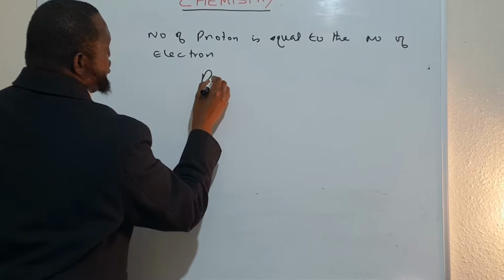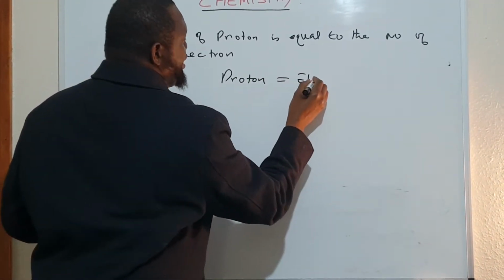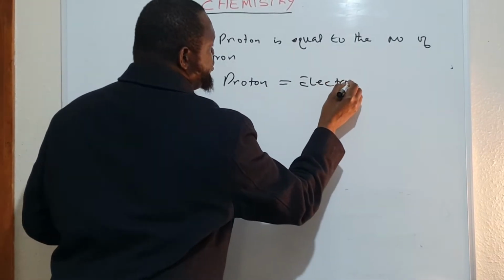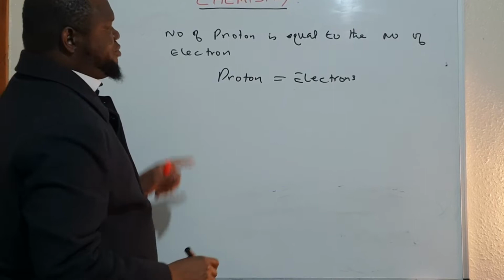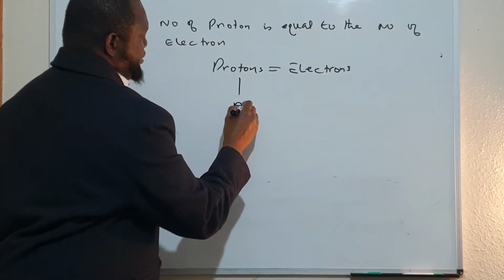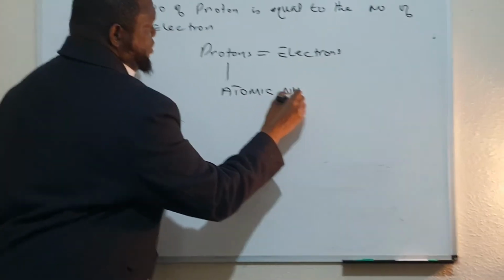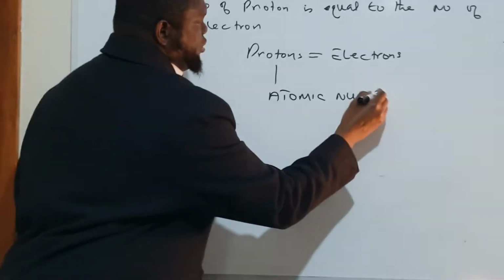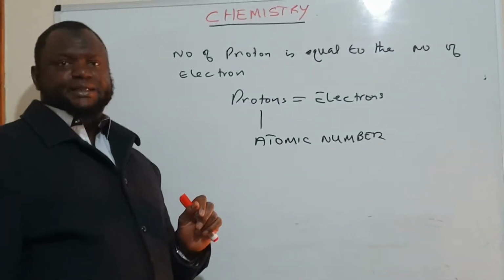So protons is equal to electrons, and the number of protons is called the atomic number. The atomic number. And this atomic number determines what element it is.